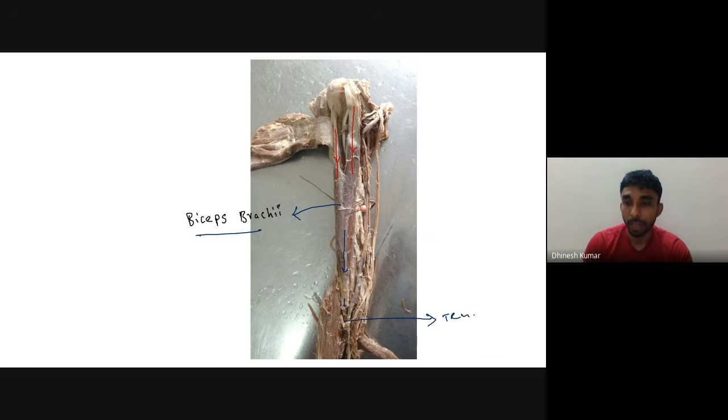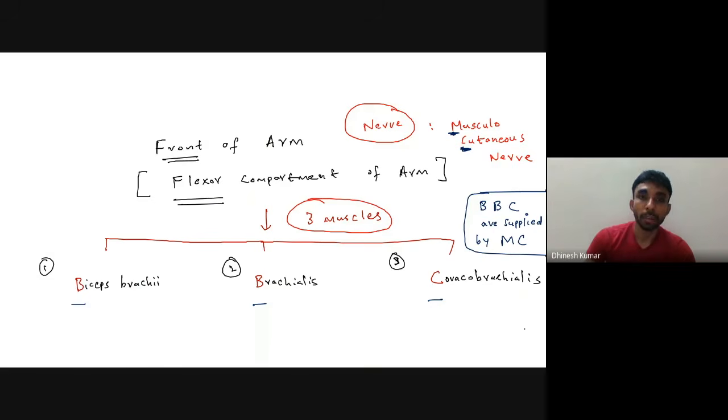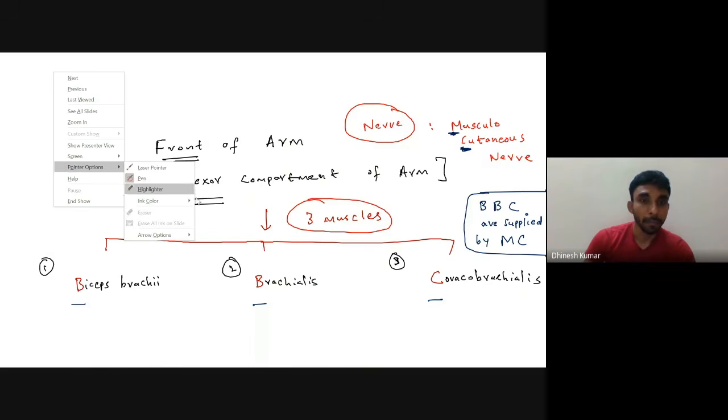This is the long head of biceps brachii, and this is the short head. They have different sites of origin, but finally they form one tendon which is inserted into the radial tuberosity.